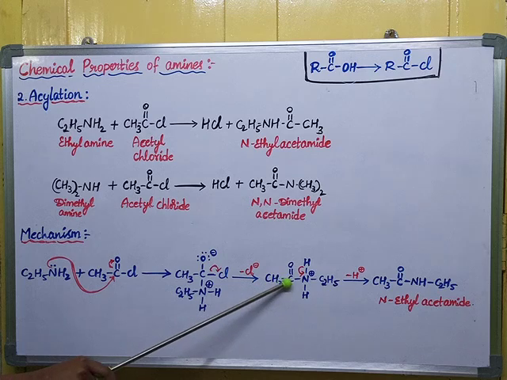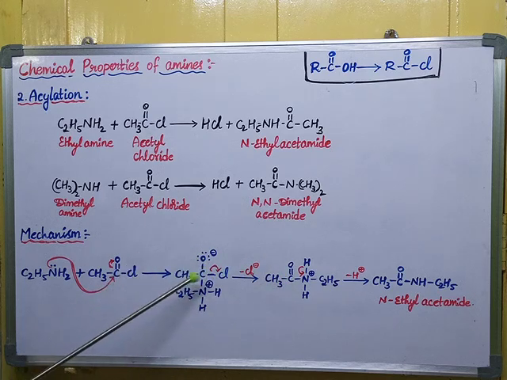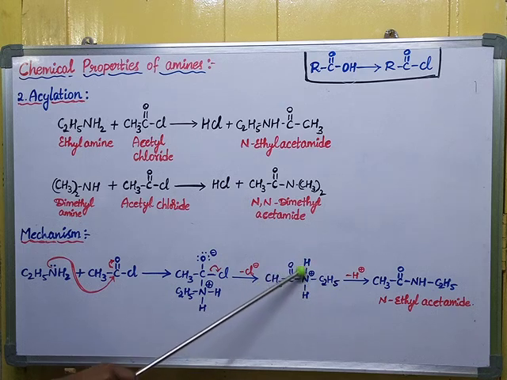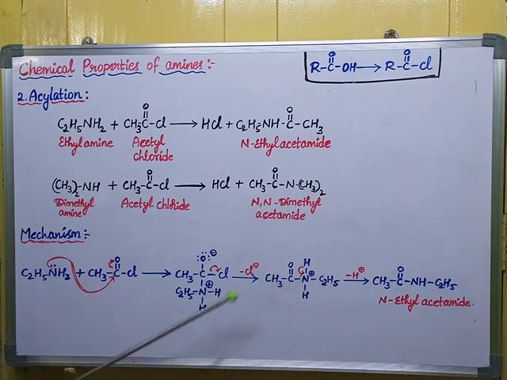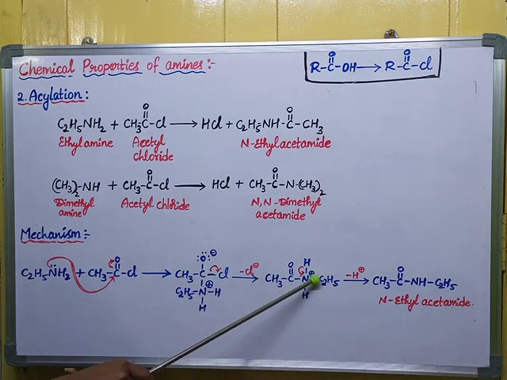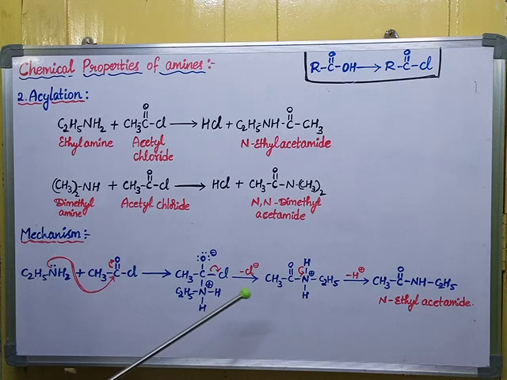So we have CH3 C double bond O, with Cl removed here. Now N is bonded to two hydrogens and C2H5 as before. Nitrogen is forming four bonds, so we indicate that with a positive charge. Here nitrogen donated electrons, due to that it is getting the positive charge.